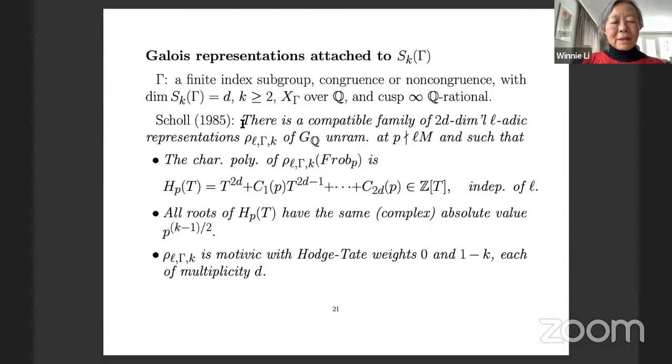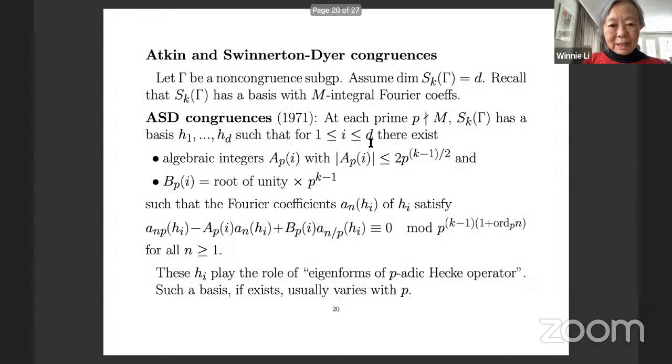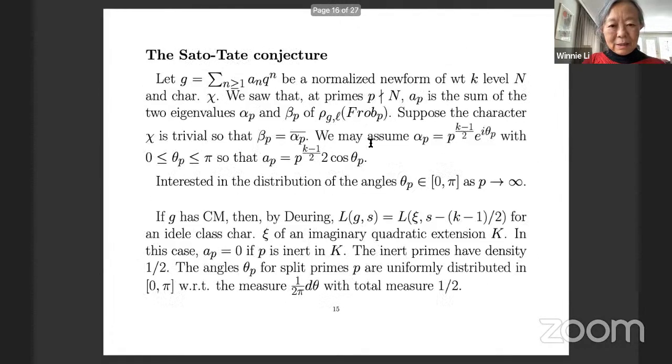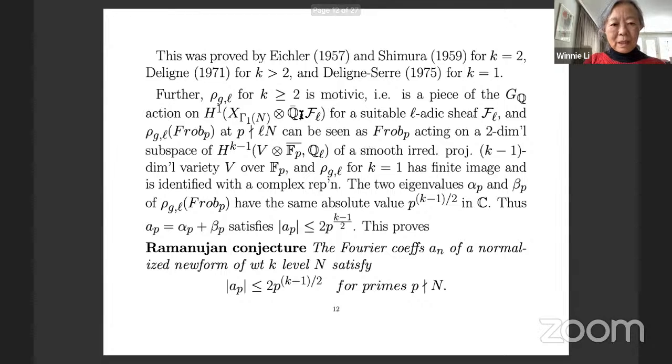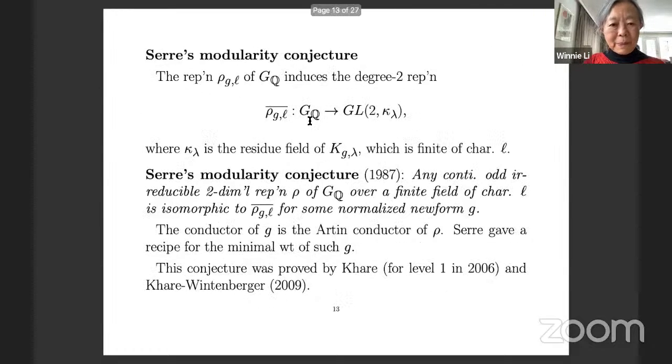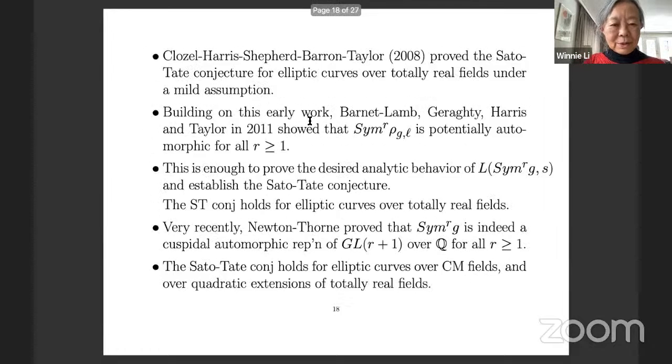Then Scholl proved that there is a compatible family of 2d-dimensional l-adic Galois representations of the Galois group of Q, which is unramified outside of l times M. Its construction is very much like what we said for the congruence forms; it's similar, I should say.